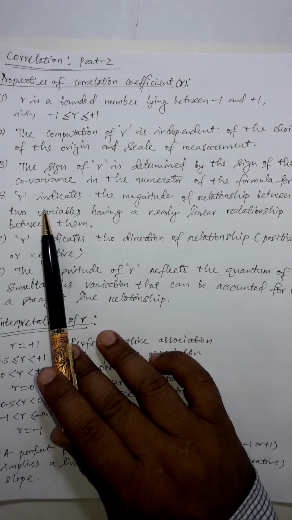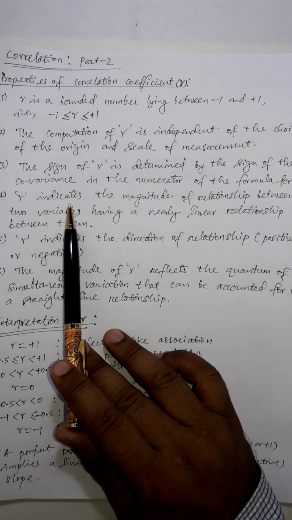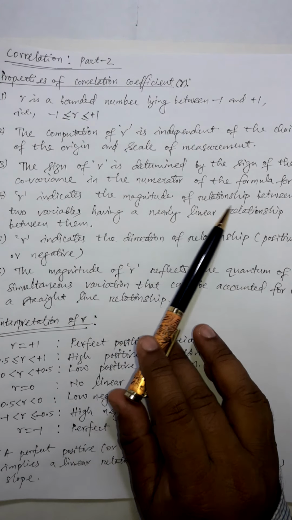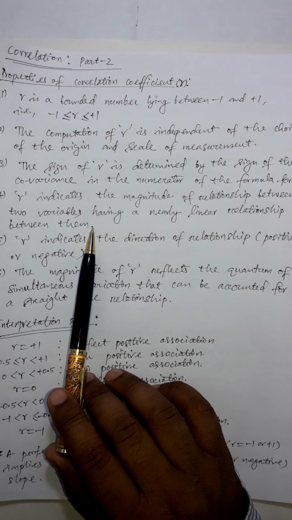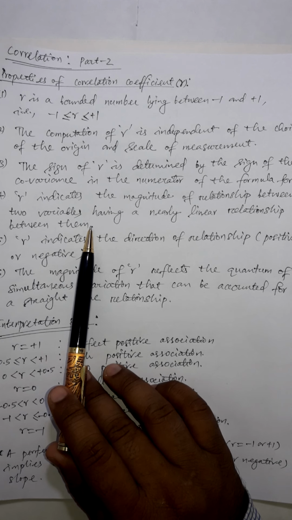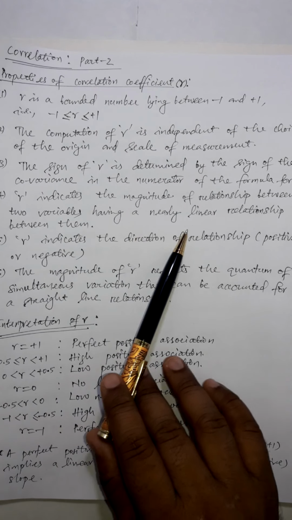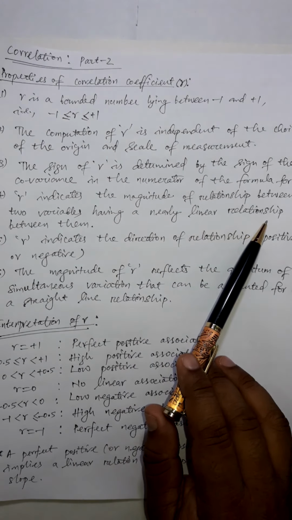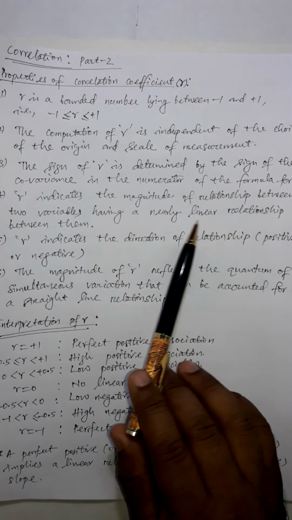Now the fourth property says that the correlation coefficient indicates the magnitude of the relationship between two variables having a nearly linear relationship between them. If two sets of variables, or two series of variables, have just about a nearly linear or straight relationship, then the magnitude of R indicates whether they have a linear relationship or not.